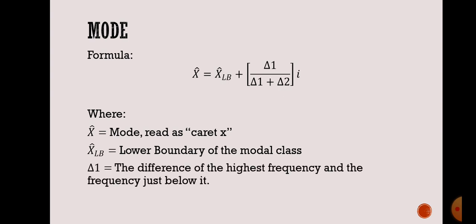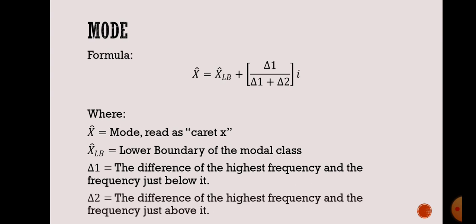Delta 1 will be the difference of the highest frequency and the frequency just below it. Delta 2 is the difference of the highest frequency and the frequency just above it. And i will be the class size.